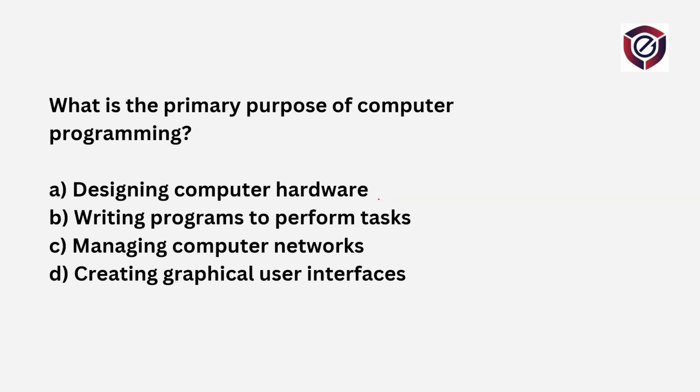It is not for managing hardware or networks, but the main purpose is to perform the specific task. Even though it can be used for networking or other purposes, whenever we talk about the primary purpose, it is always writing programs to perform tasks. So option B is the correct answer over here.